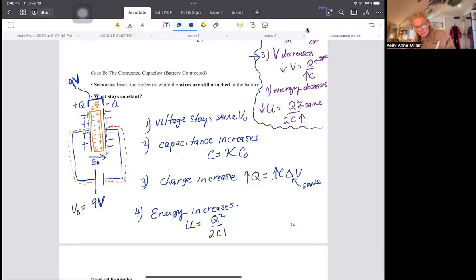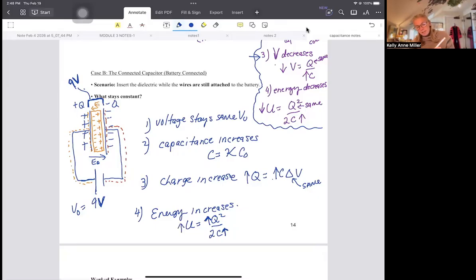Well, I'm increasing the capacitance, but I'm also increasing the charge. So both the top and the bottom are increasing, but the charge is squared. So the top part of the fraction is going to increase a lot more than the bottom part, and therefore the energy is going to go up.